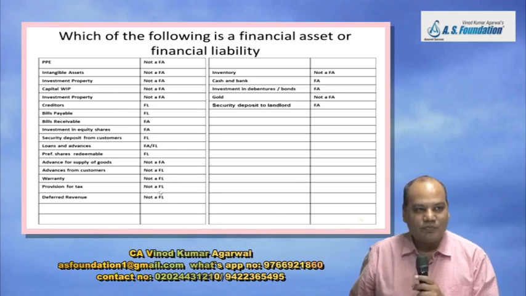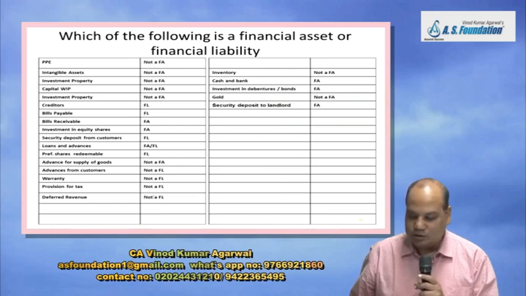Provision for tax, statutory obligation, so not a financial liability. Deferred revenue, not a financial liability, no obligation to pay cash. Inventory, not a financial asset, because there is no obligation to pay cash or another financial asset.